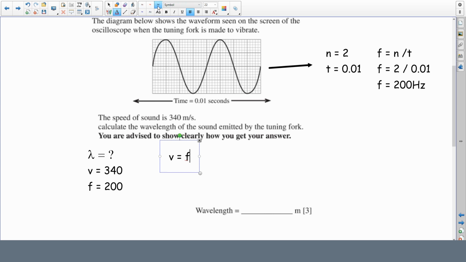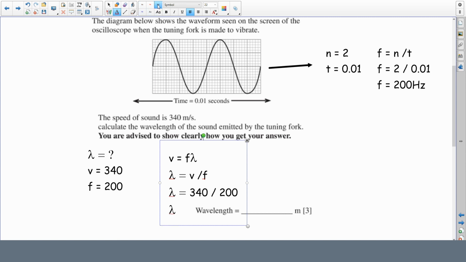Which gives me that lambda has to equal, by rearrangement, v over f. Divide both sides by f, or use your triangle. So lambda is going to equal v, which is 340, divided by 200. So lambda is equal to 1.7 in this case.